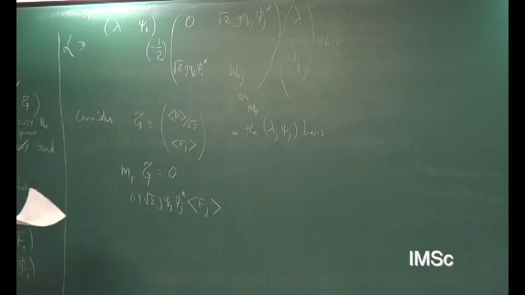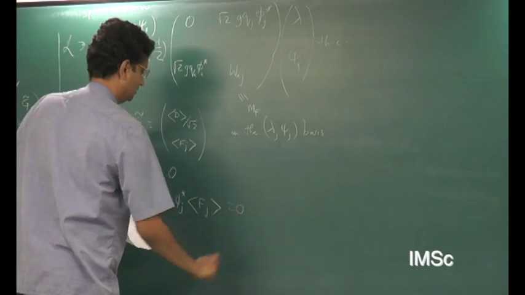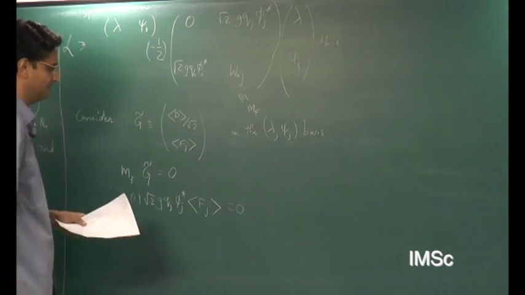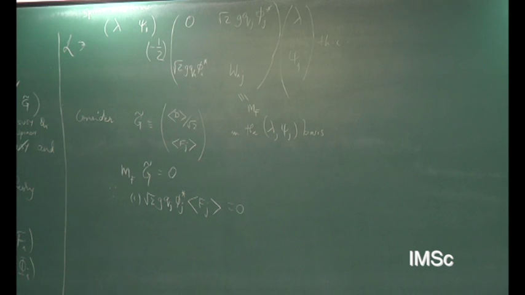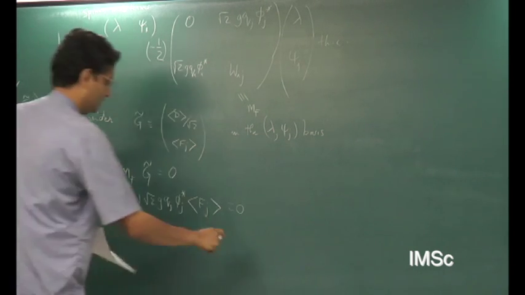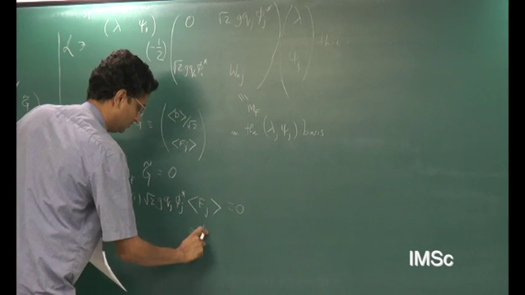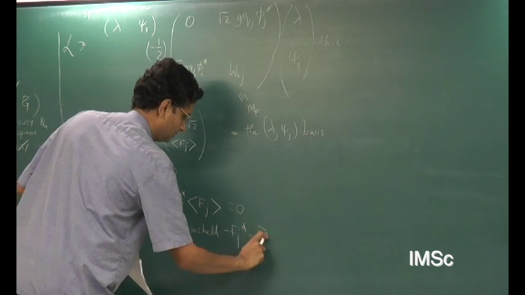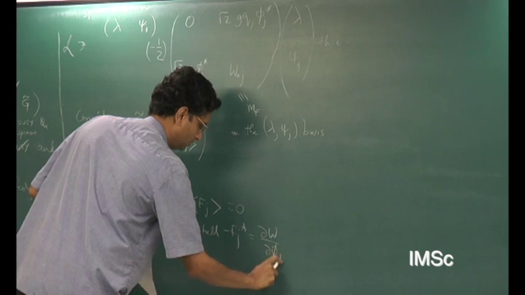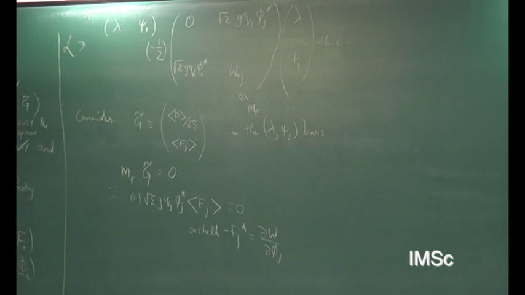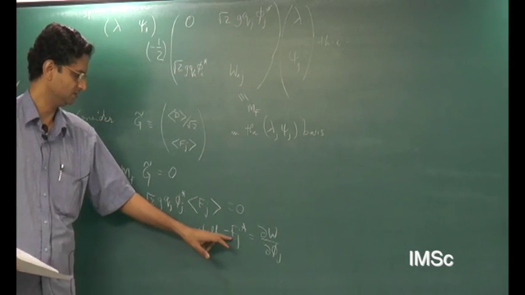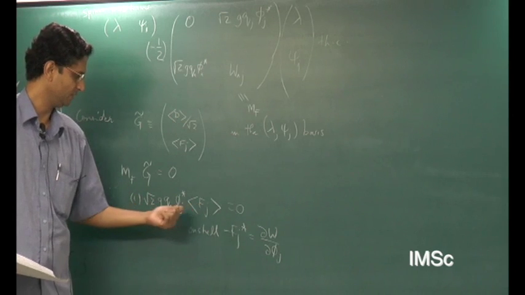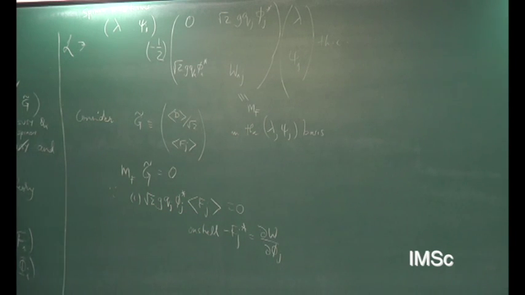This object is 0. This is just a restatement of the gauge invariance of the superpotential. I have to tell you that F_j star is on shell. This is just the constraint equation for F. If you plug this in, you can convince yourself that this is what is required in order for the superpotential to be gauge invariant. This is just a restatement of that.